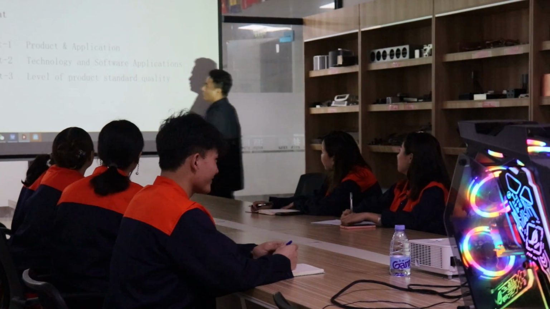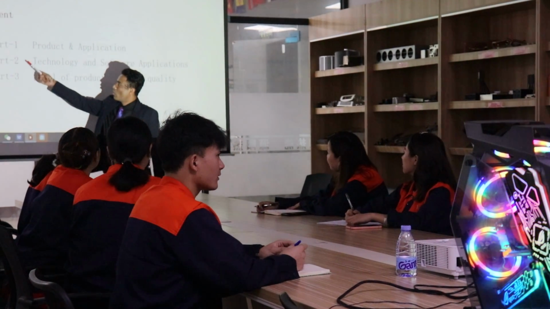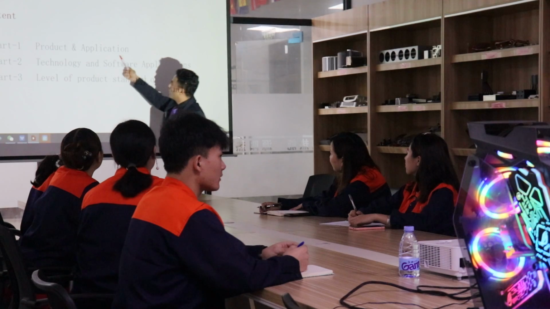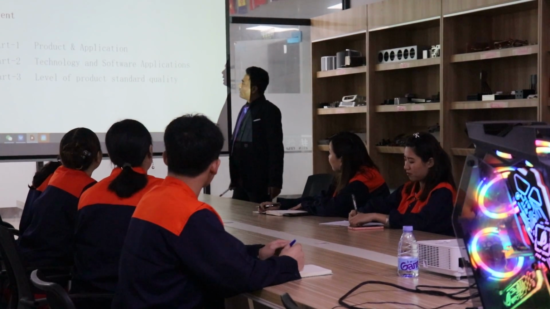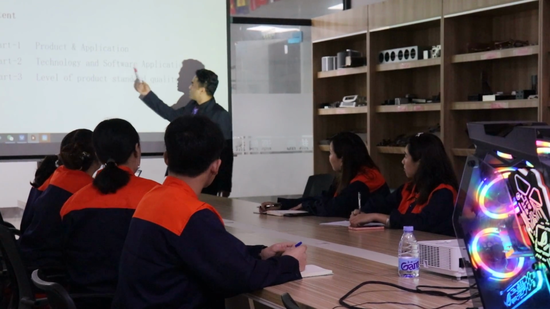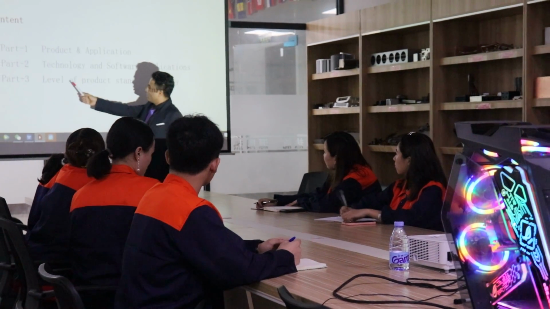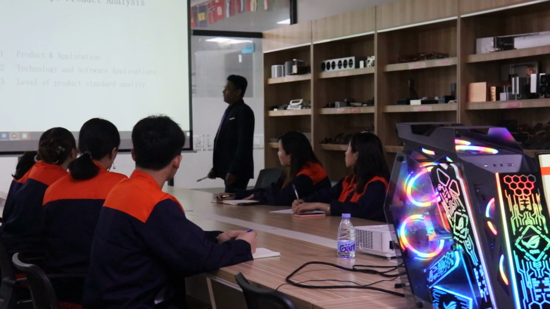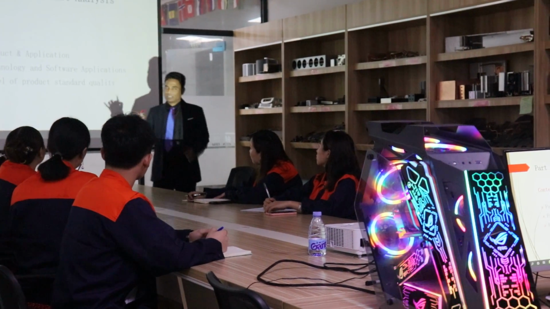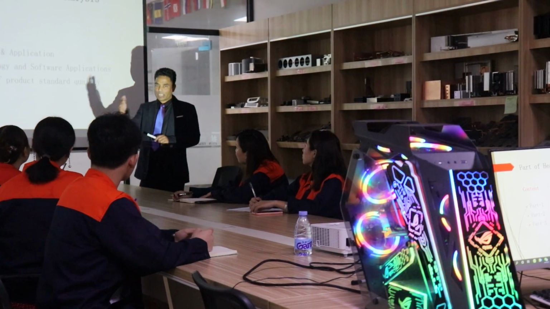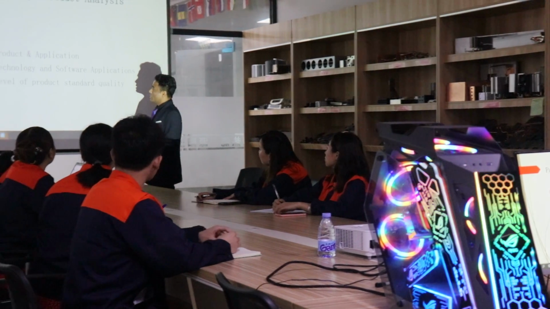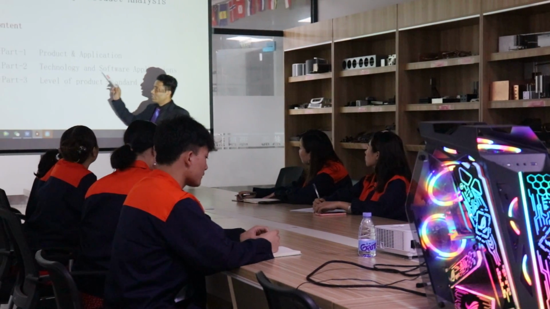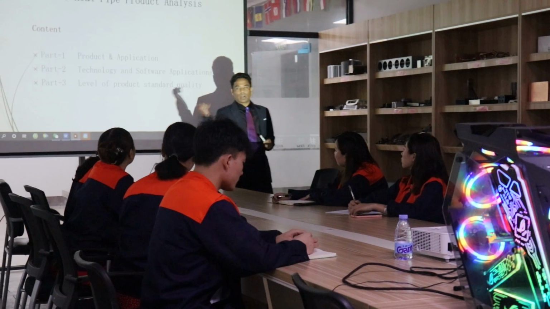We have content here: part 1, part 2 and part 3. Part 1 is the product and applications, technology and software applications, and level of product standard quality. There are 3 issues I'm going to explain now. This product and applications is the first part that we are going to explain.